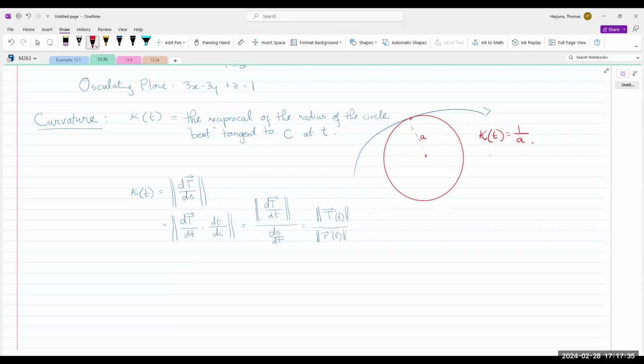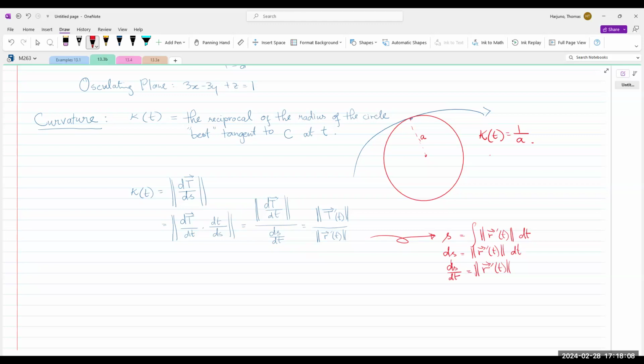Just to remind you, the arc length equals the integral of the magnitude of r prime t dt. In other words, the differential ds equals the magnitude of r prime t dt, and therefore we can rewrite the magnitude of r prime t as ds/dt.